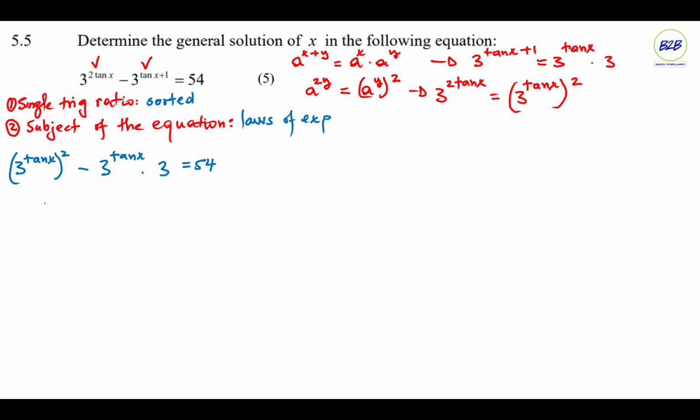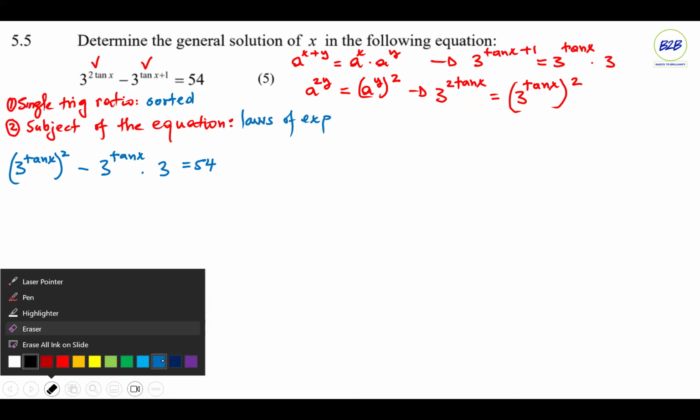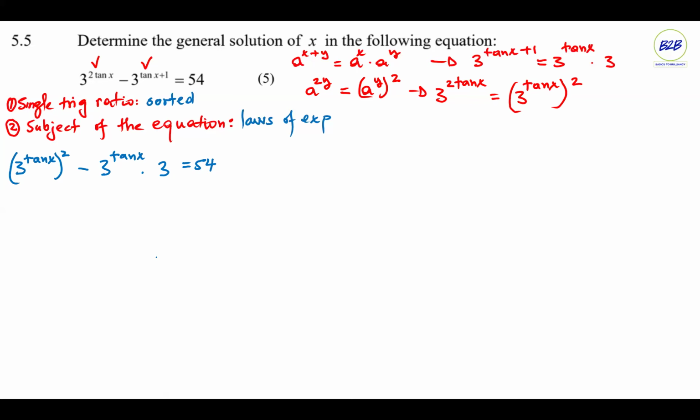So now you see that as much as you have 3 to the power tan x and 3 to the power tan x, taking out a common factor here won't really help us much. Why? Because in the first term, we don't just have 3 to the power tan x. We have 3 to the power tan x all squared. So we have two of those multiplying one another. So a common factor won't help us really that much. But there is something that will help us.